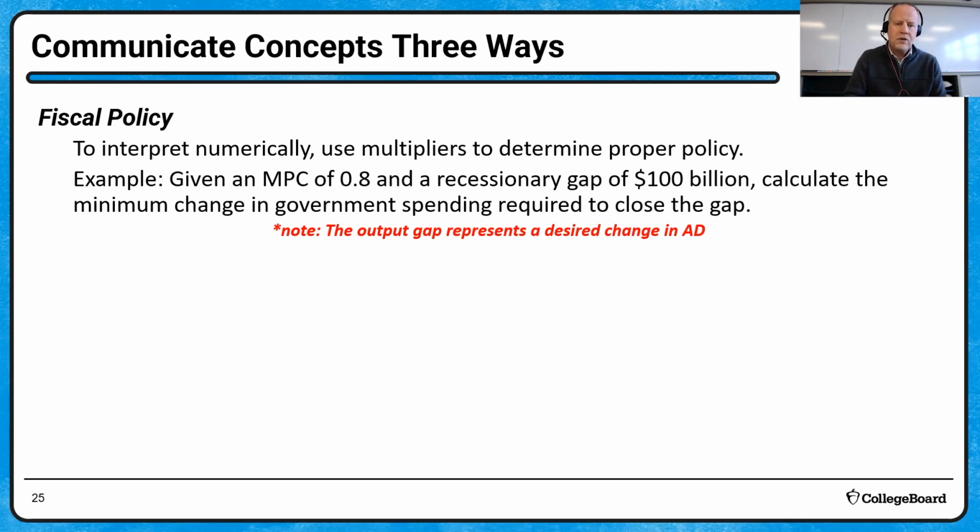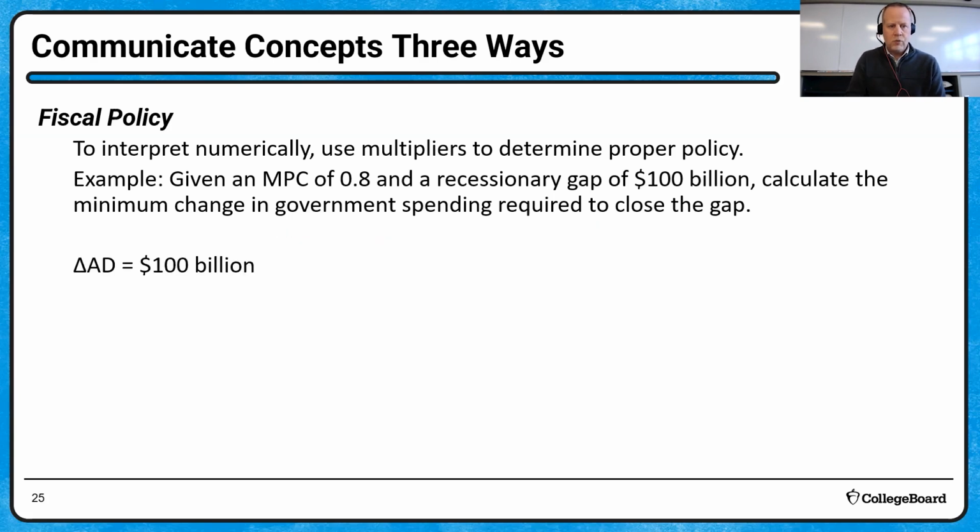What you have to interpret then is how, using fiscal policy and the multiplier effect, policymakers could go about closing that $100 billion gap. So the output gap itself represents a desired change in aggregate demand. That tells you one more piece of the puzzle in terms of what you're trying to do in this type of question. So, writing down what they've given me and what I need to do: the desired change in aggregate demand is $100 billion.